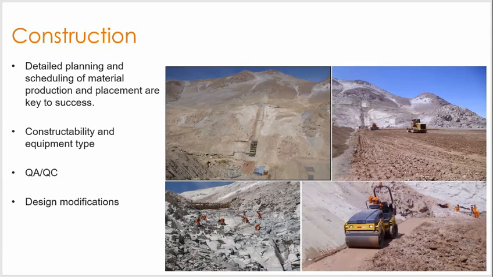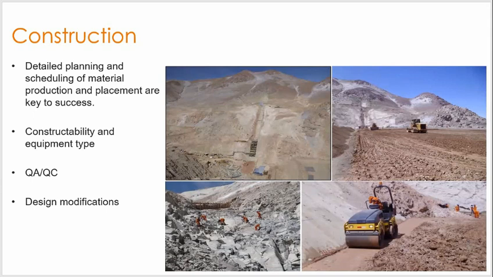And probably the biggest part of confirming that construction is proceeding as planned is QA/QC. That's quality assurance and quality control. And that is essentially having people dedicated on site to verify that construction is proceeding in accordance with the design.